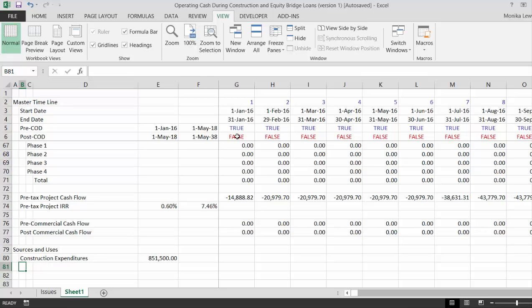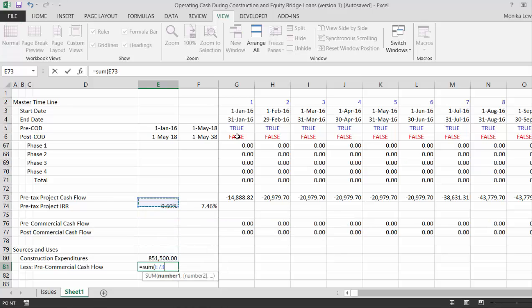option 1, we can put either less pre-commercial cash flow, and we can put equals sum, and that's this one.